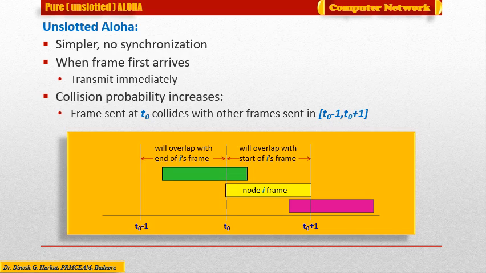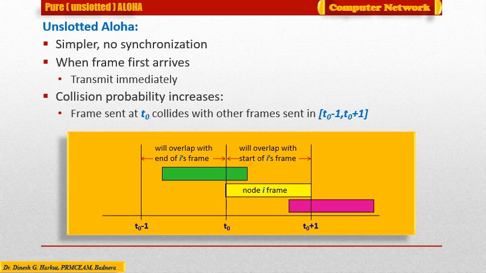If a transmitted frame experiences a collision with one or more other transmissions, the node will then immediately, that is, after completely transmitting its collided frame, retransmit the frame with probability p.